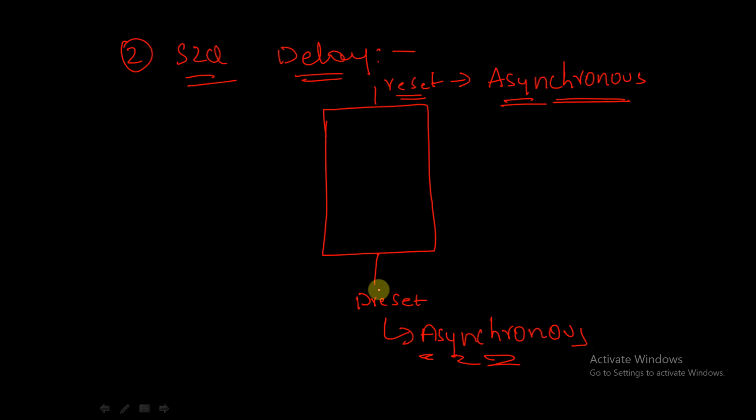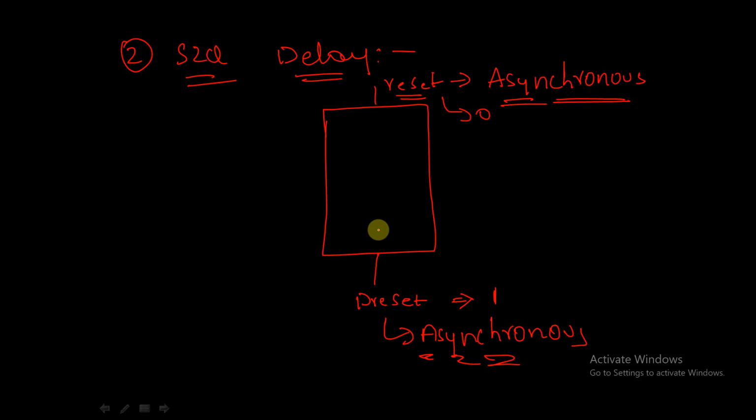If they are applied at any instant of time or at any edge of the clock, the output will either be set or reset. If we apply the preset signal, the output will be equal to 1, and if we apply reset, the output will be equal to 0. That is the preset and reset signals. So what is this S to Q delay?